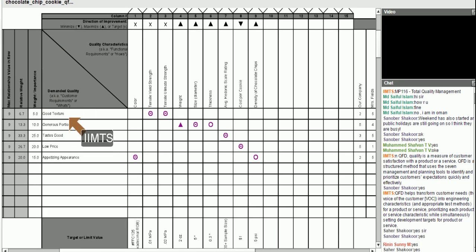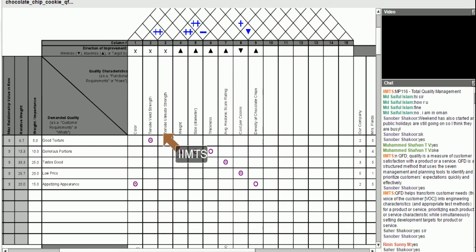Good texture, generous portions, taste good, low price, appetizing appearance. Now these are the company's parameters: color, tensile yield strength, tensile ultimate strength, weight, size, thickness, and all those things. And then they put a sign to it. This is how the QFD chart looks like.